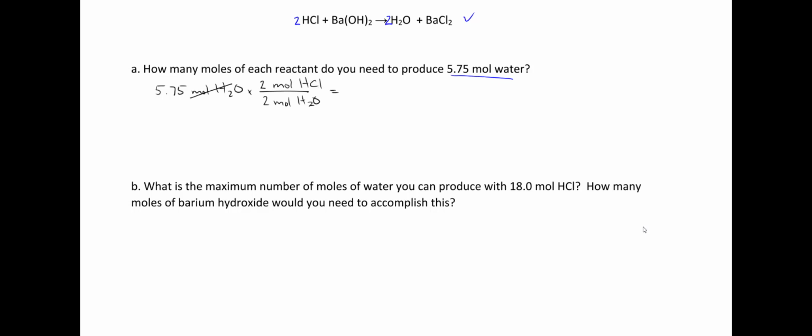So moles of water cancels. And I have 2 over 2, so those of course cancel, leaving me with only the starting number, 5.75. And the unit, which is left over, after all the canceling, is moles of hydrochloric acid.